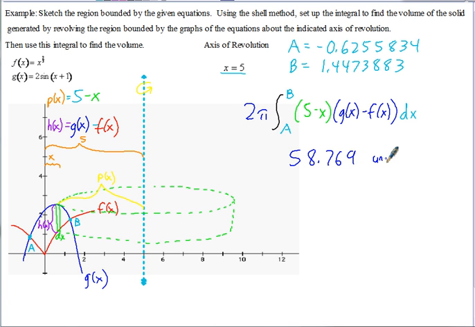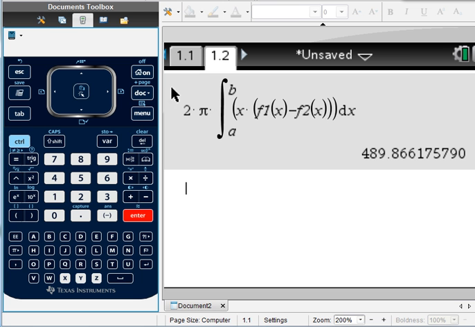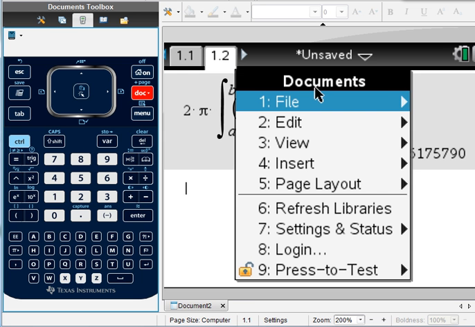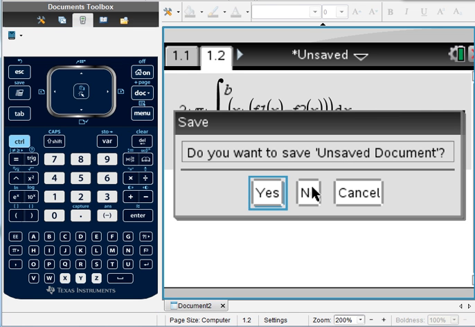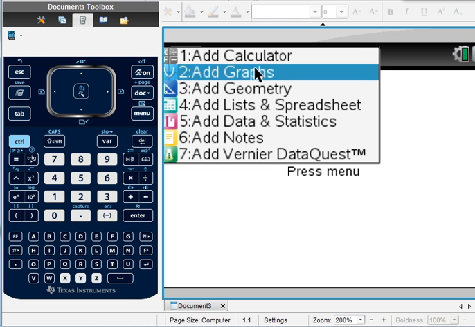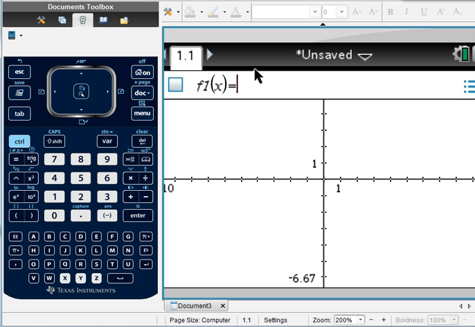Again, this is volume, it is units cubed, although we don't have specific units what those are. All right, now let's take a look at doing the same thing on the Nspire. Create a new document. I'm not going to save this one. If you did want to go back to it later, you could call it something. So I'm going to add graphs, enter in 2 equations here.